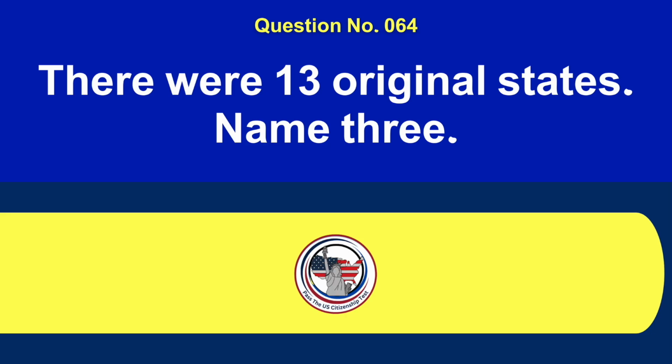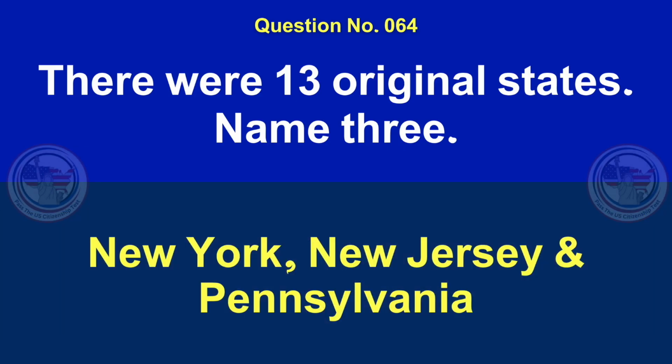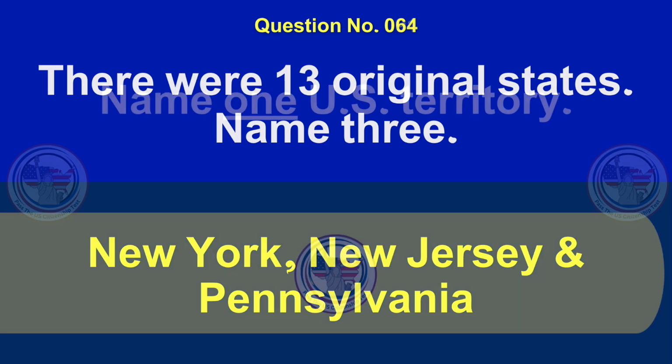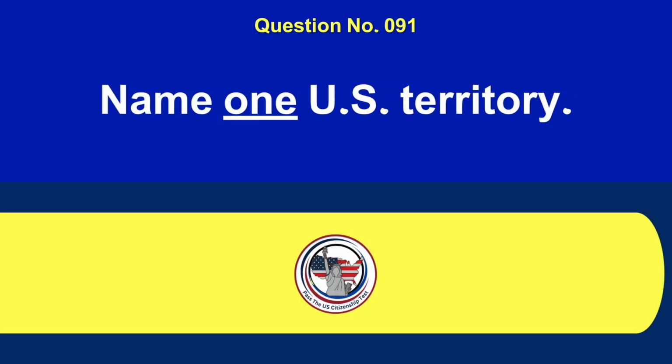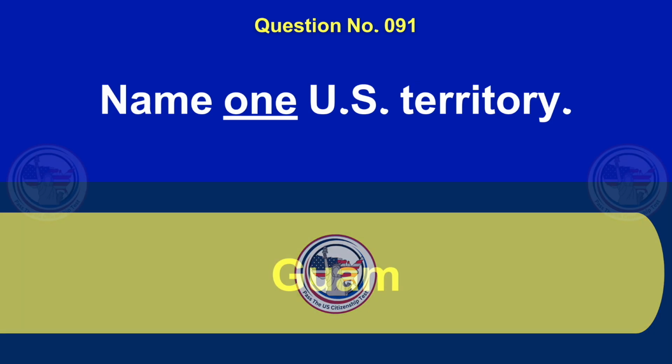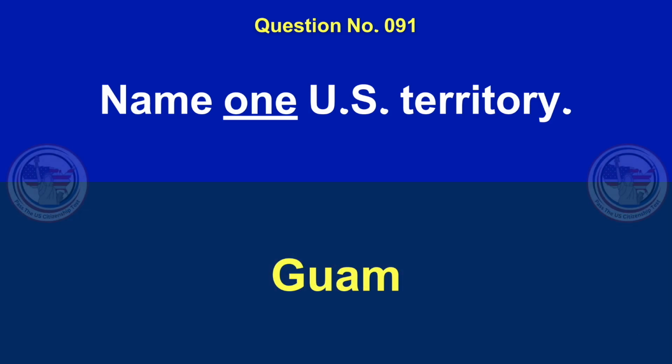There were 13 original states. Name 3. New York, New Jersey, and Pennsylvania. Name 1 U.S. territory. Guam.